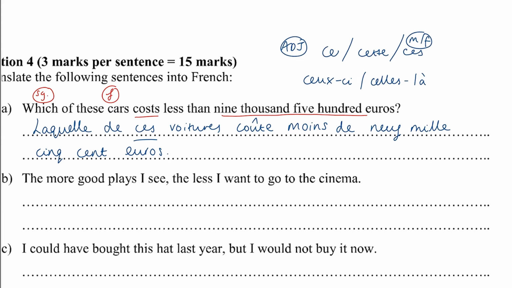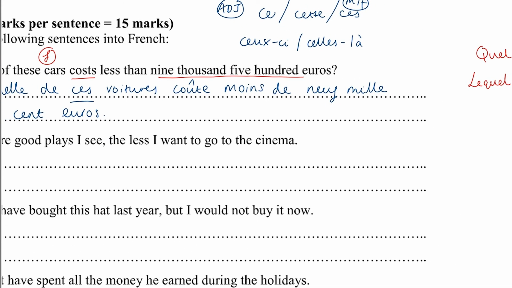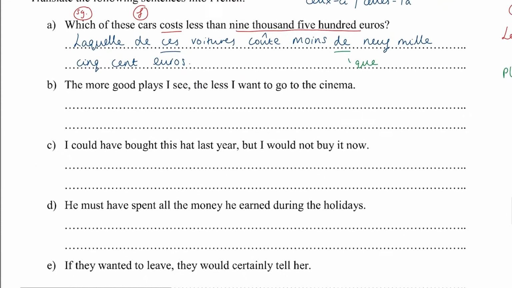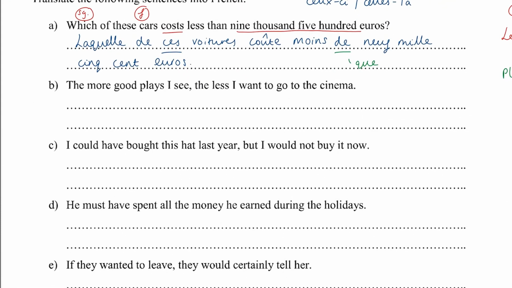They just appear singular. Also notice this use of de here rather than que. Que you use in comparative phrases. So il est plus grand que moi. But if you have more than 500 people have taken this test, you would say plus de, moins de. Okay? I think that's pretty explanatory.